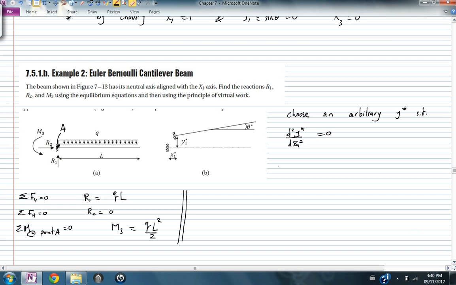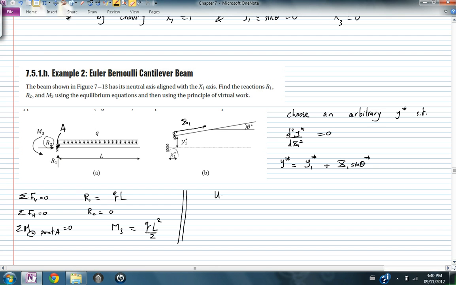Okay, so a general y star would be equal to y1 star, which is the displacement at the very first point, plus x1 sine theta star. And a horizontal displacement x1 star, just to be able to find the reaction R2.